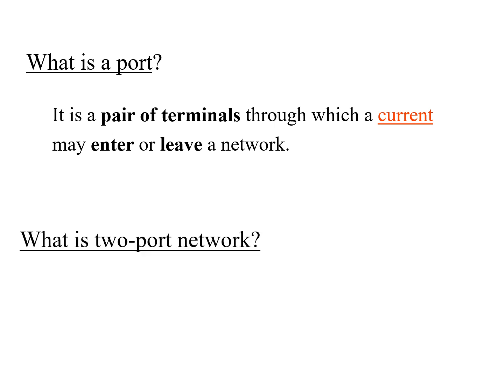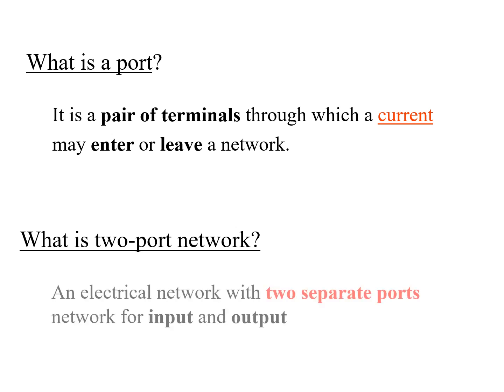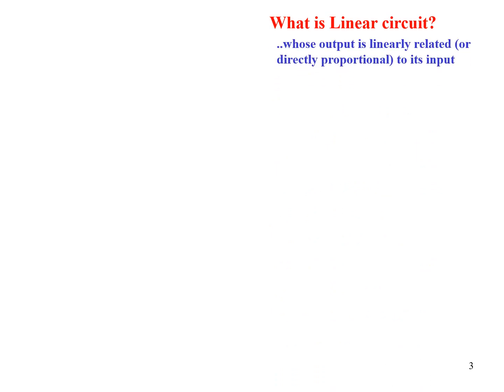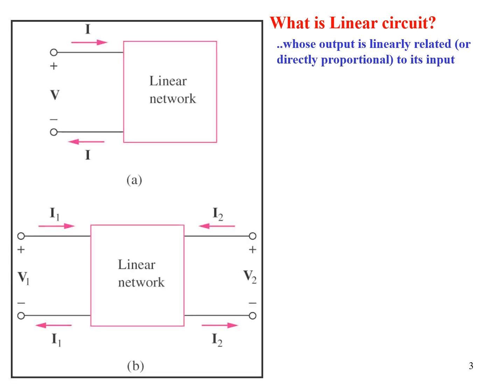So what is a two-port network? It is an electrical network with two separate ports for the input and output. And what is a linear circuit? A linear circuit is a circuit whose output is linearly related or directly proportional to its input.